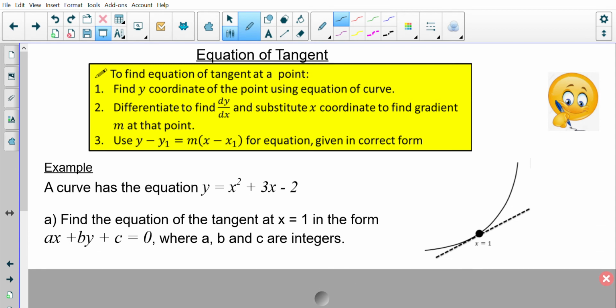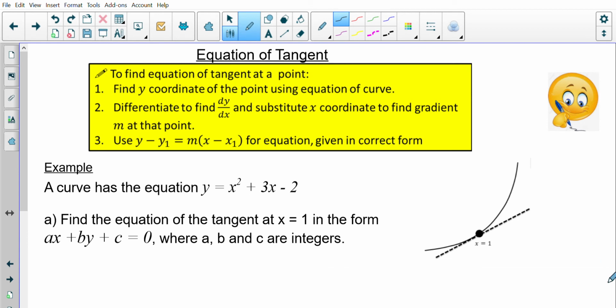So let's use those steps to find the equation of the tangent at the point x equals 1 to the curve y equals x squared plus 3x minus 2. And it wants it in this particular form, ax plus by plus c equals 0. So first thing we're going to do, step 1, is find the y coordinate.